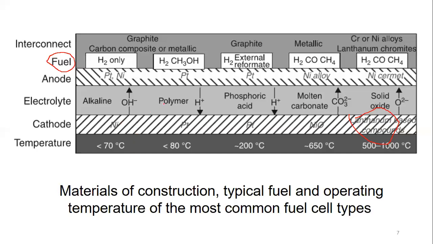Here, the second one is a polymer. If there is a polymer exchange, I told you we call it a proton exchange membrane fuel cell, and we can also call it a polymer exchange membrane fuel cell. So what is happening there? There is a proton coming from the anodic side towards the cathodic side, and phosphoric acid is exactly the same thing.